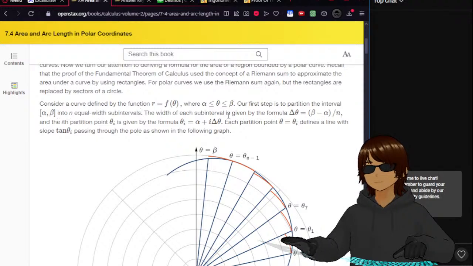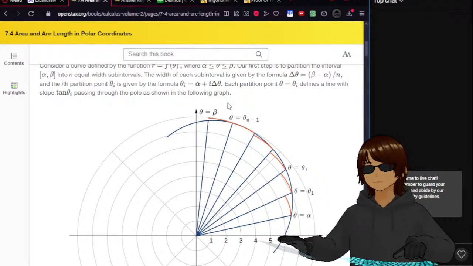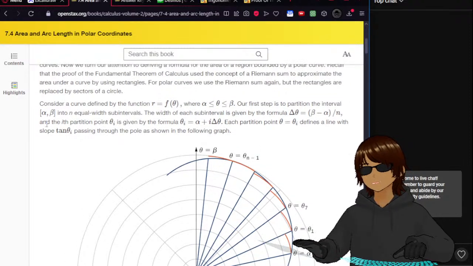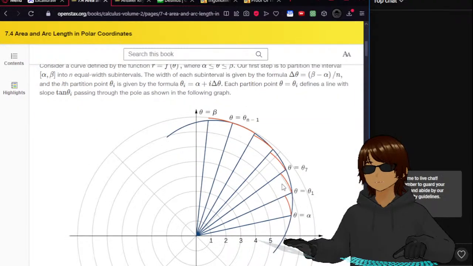The width of each subinterval is delta theta equals beta minus alpha over n, and the ith partition point is theta equals alpha plus i delta theta. Each partition defines a line with slope tan theta passing through the pole, as shown in the following graph.